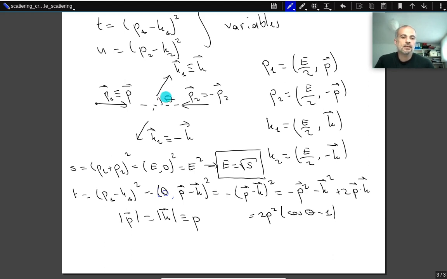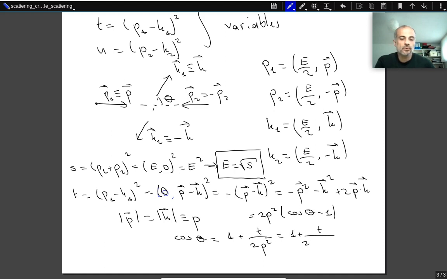So theta is the angle between the vector P and the vector K. So this P dot K over here is actually the product of their magnitudes multiplied by cosine theta. So in particular, we can extract cosine theta here. We can write cosine theta as 1 plus T over 2P squared.